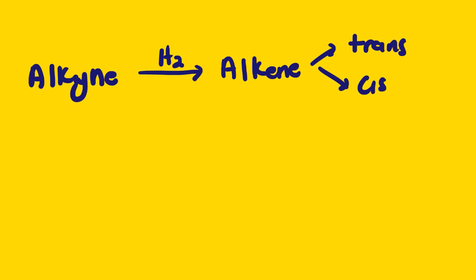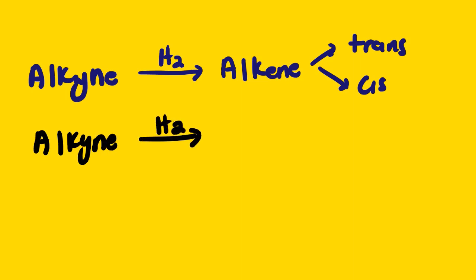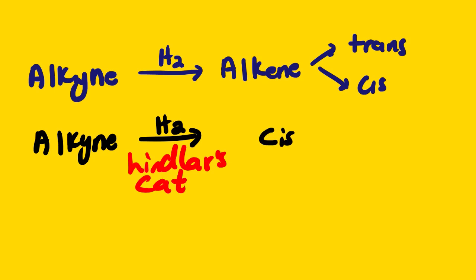Let us start with the cis. So if we take an alkyne, we hydrogenate it using a catalyst known as Lindlar's catalyst. Just know that it will yield a cis-alkene.